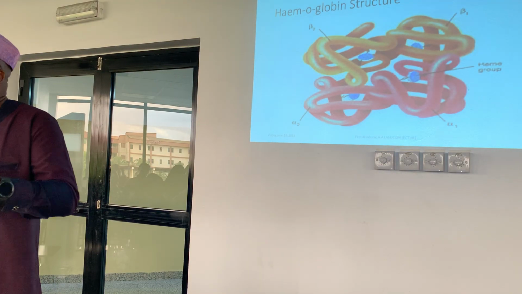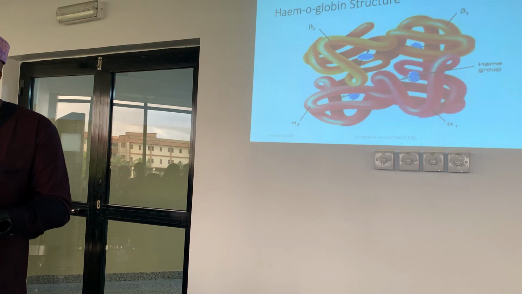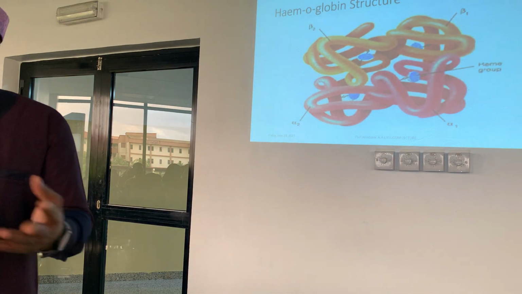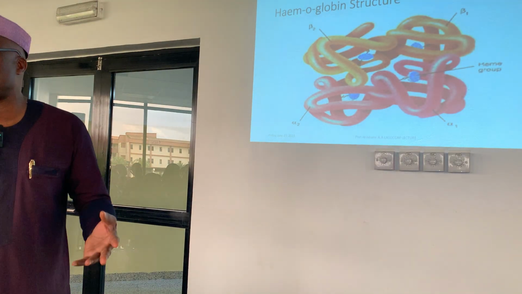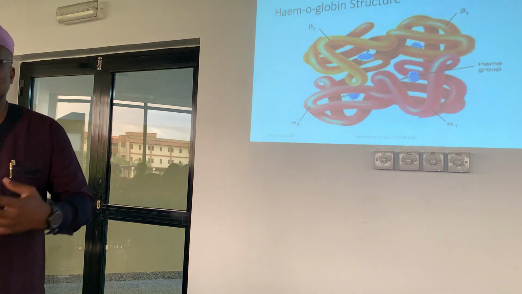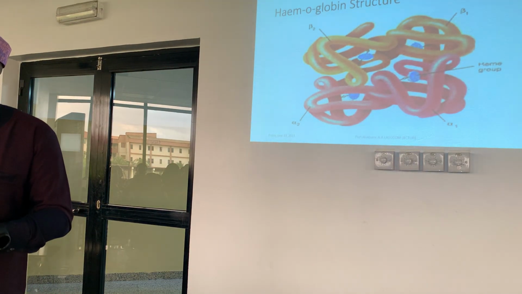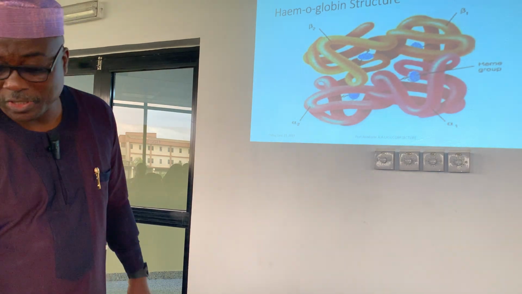So the number of oxygen molecules you'll be able to carry will be less. That's why you have shortage of blood. Then you have anemia, and you could be breathless. So all the functions that the oxygen does, you will not be able to do.